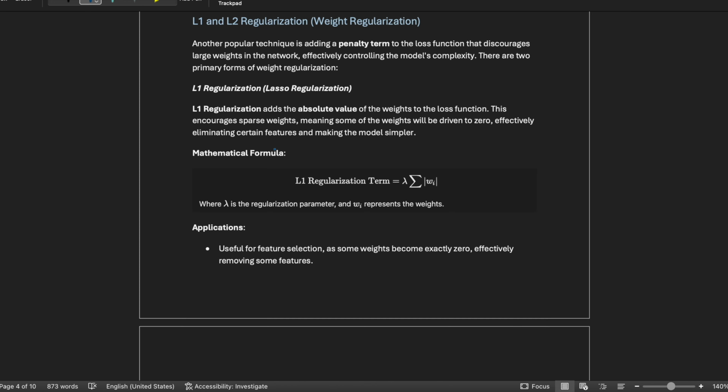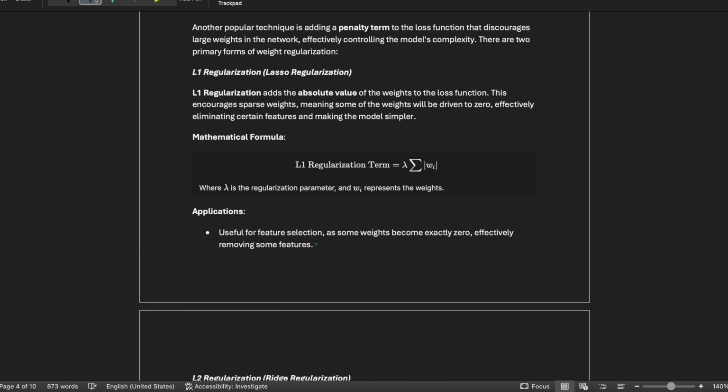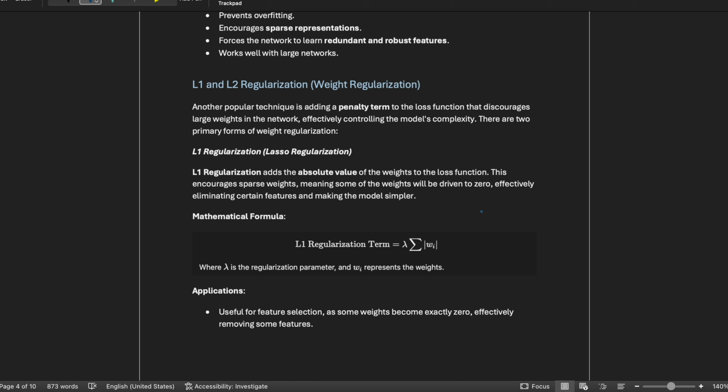So what happens when we apply L1 regularization? The thing written here, that it doesn't necessarily drive them to zero, applies to L2. In L1 regularization, the weights will be driven to zero. This can be an interview question: in L1 regularization, the weights tend to become zero, which leads to sparse representation, and our model effectively becomes a sparse model where many of the weights are zero.